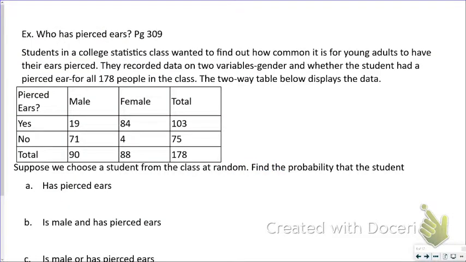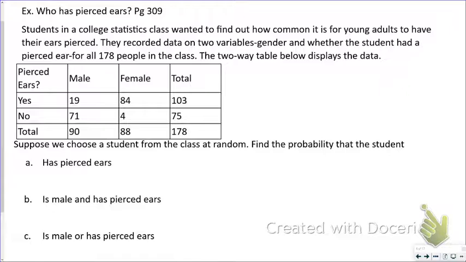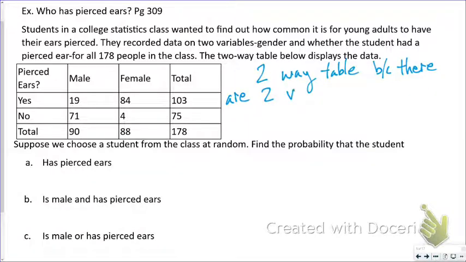All right. Next, we looked at another type of table. This is called a two-way table, because there are two variables: gender and pierced ears.